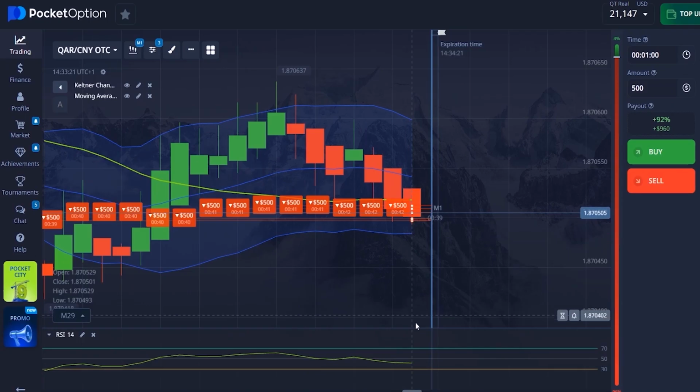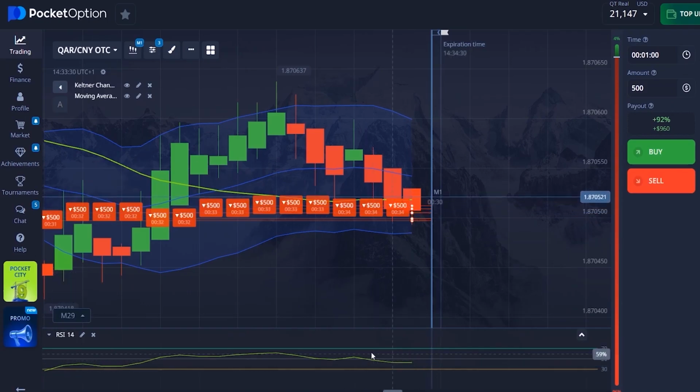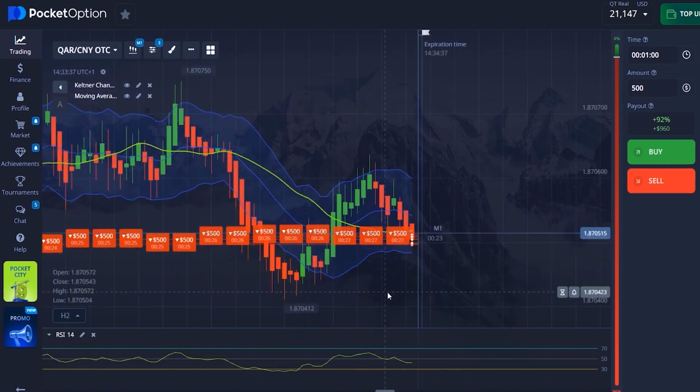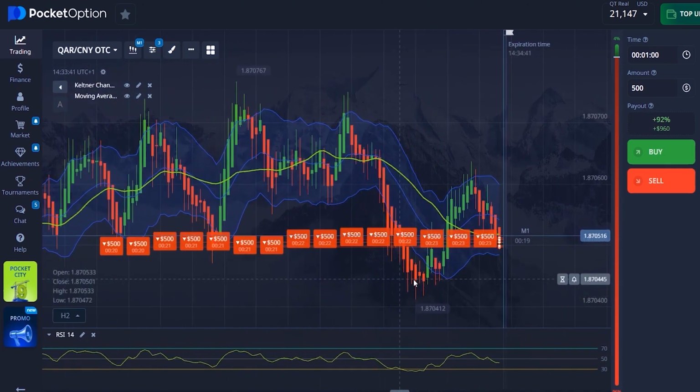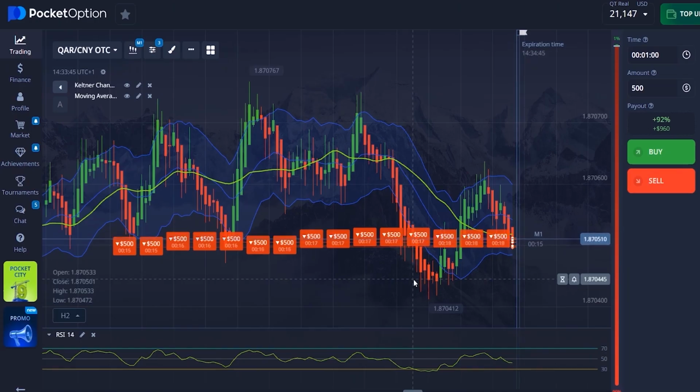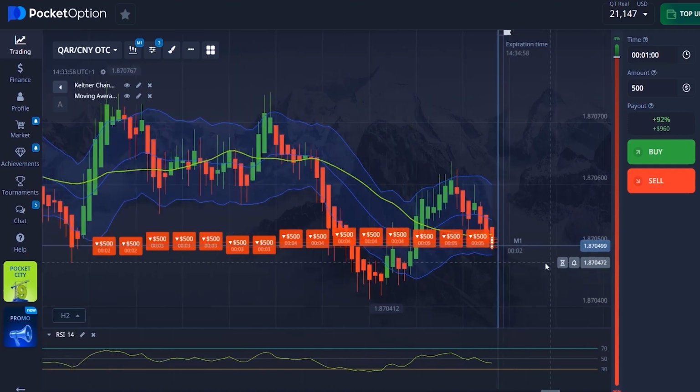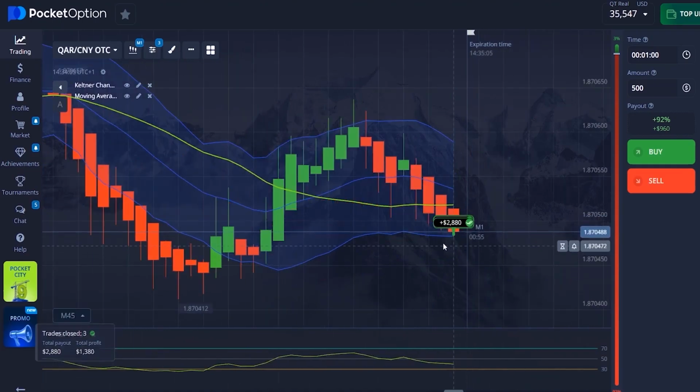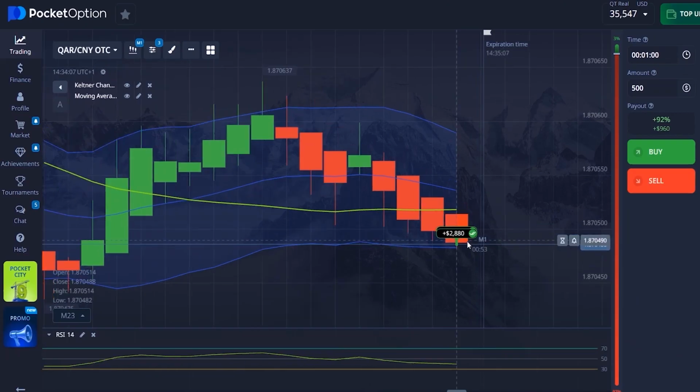Not only that, my RSI indicator is below the 50% line, which also gives me another confirmation. And right at this point I also make another win.